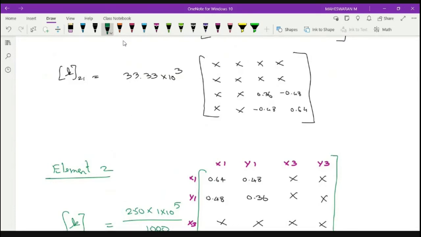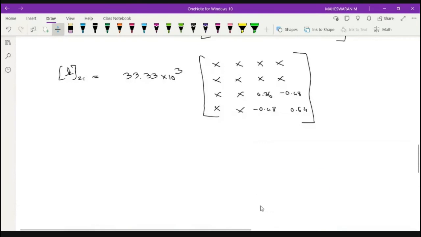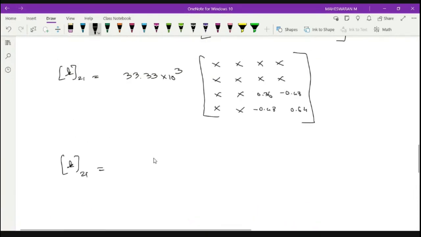I think again I have to write the same equation for K21. Let me consider 1 into 10 power 5. That is easy. So 0.33 I have to multiply inside.